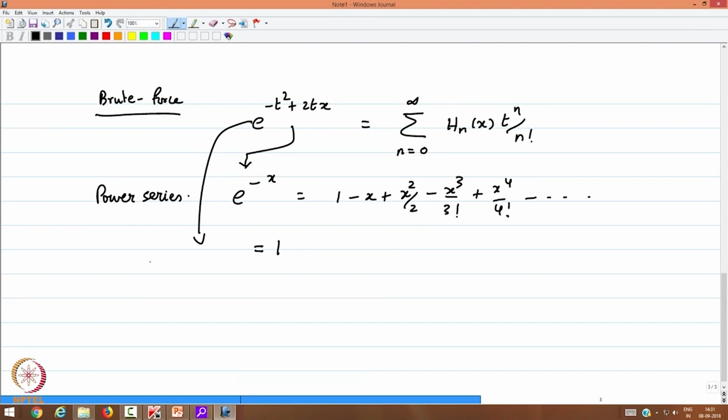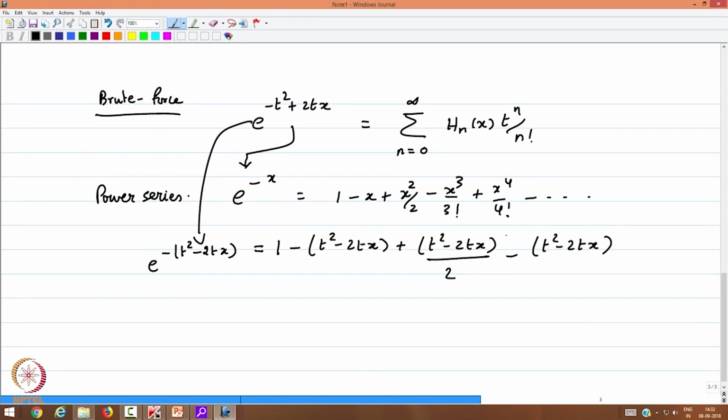Let me write that here, e to the minus t square plus 2tx. Then it is 1 minus t square plus 2tx plus (minus t square plus 2tx) squared divided by 2 plus (minus t square plus 2tx) cubed divided by 3 factorial plus and so on.